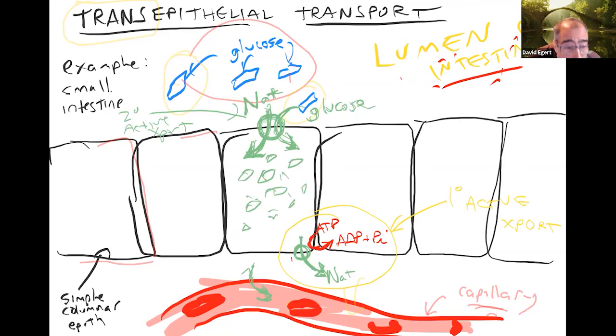So for the glucose to move out of the cell onto the capillary side, it's just passive. It will just move along its concentration gradient, but glucose can't cross the membrane on its own. What does it need to cross the membrane? A carrier, exactly. So we're going to have some glucose carrier.